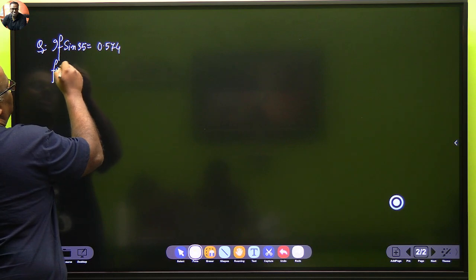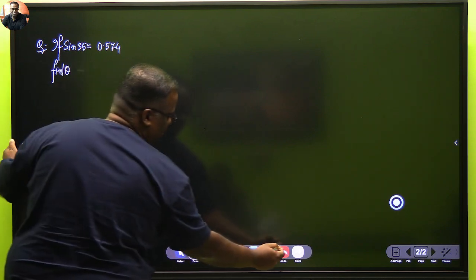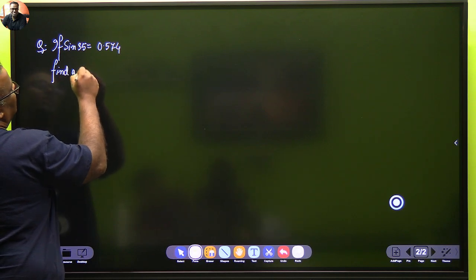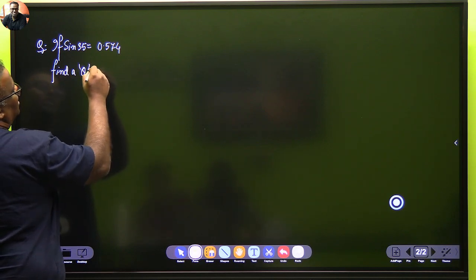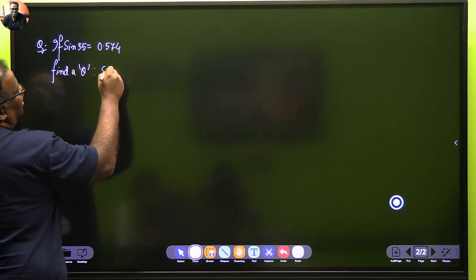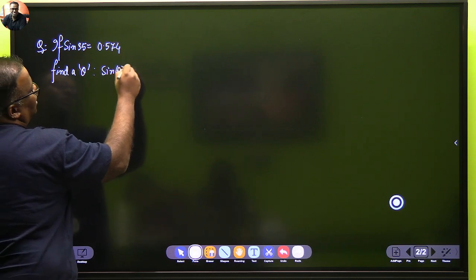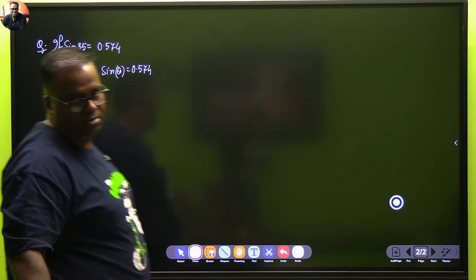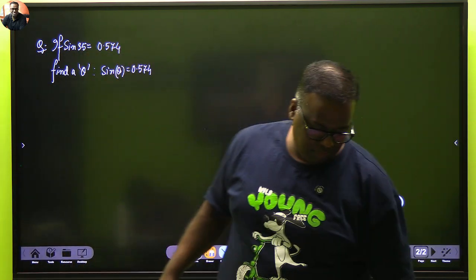Find one theta. Actually, it's basically asking me to find a theta such that sine of that theta is also equal to 0.574. Okay, the question is something like that.